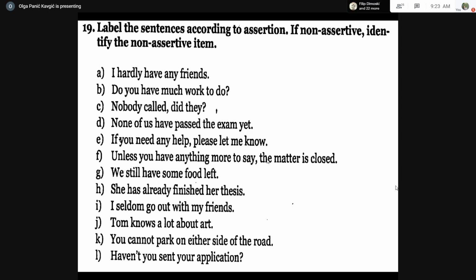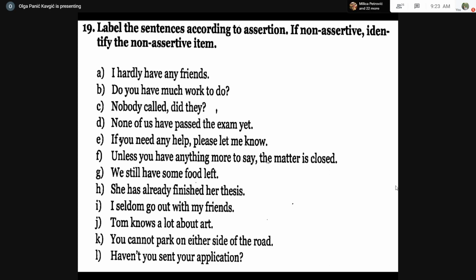Is Dimoski Philip here? Yes, I'm here. So you cannot park on either side of the road. I'd say that's non-assertive. Good. And you cannot, because it's a negative. You circle cannot. And what else? Either, maybe. Either, yes, very good.